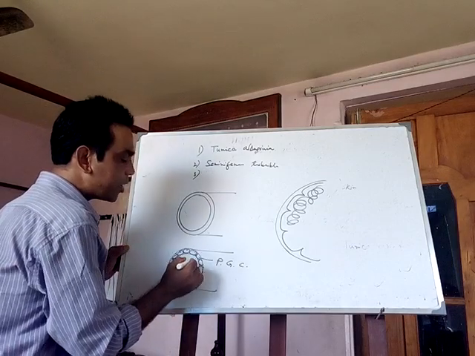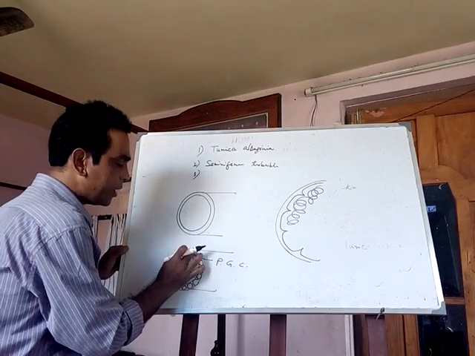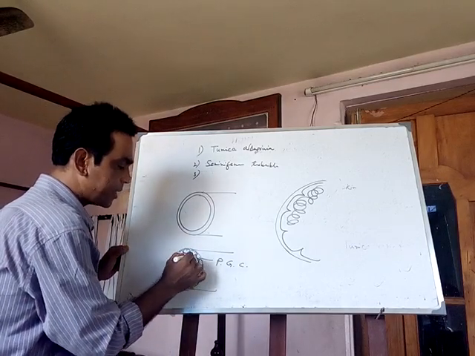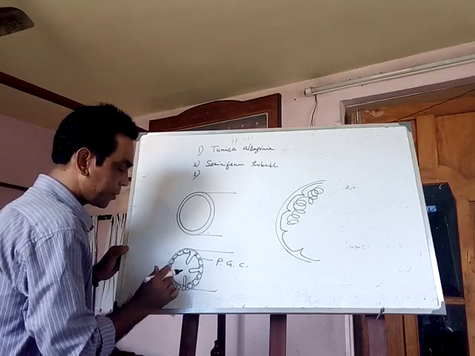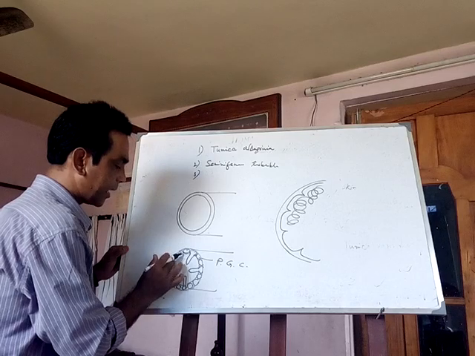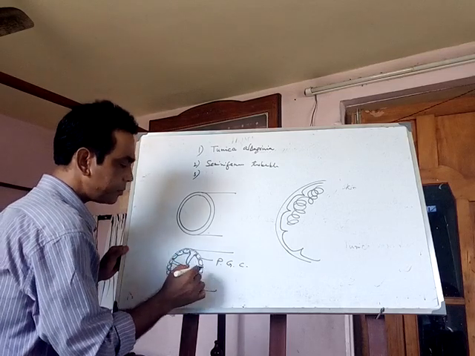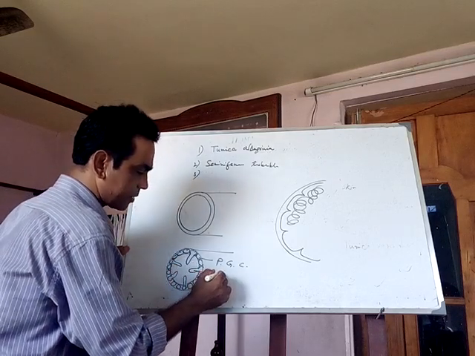Some of the primordial germ cells elongate and make a separate structure of cells, that is called Sertoli cells.